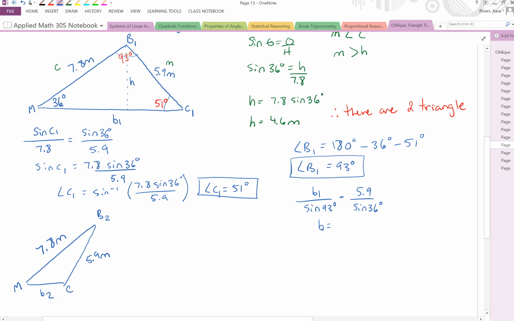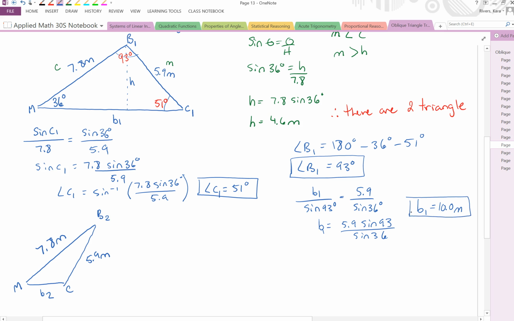Getting B1 by itself, cross multiply and divide. We solve for B1 and get 10.0 meters, rounding to the nearest tenth because that's what they ask for.